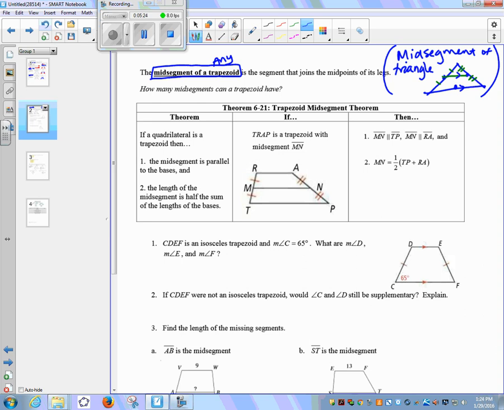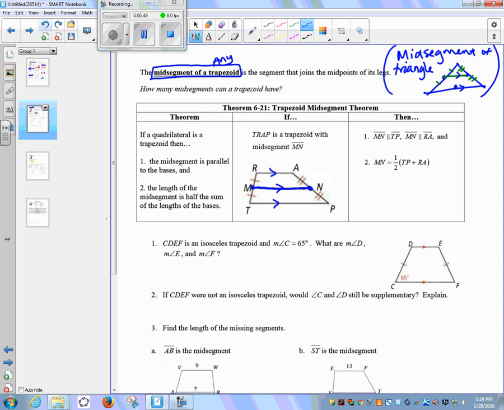same definition, it's joining the midpoints of the two legs, so the two non-parallel sides. If you join the midpoints, you're going to get a midsegment that is parallel to the top and bottom of the trapezoid. I shouldn't say top and bottom, I should say to the two bases of the trapezoid, right?